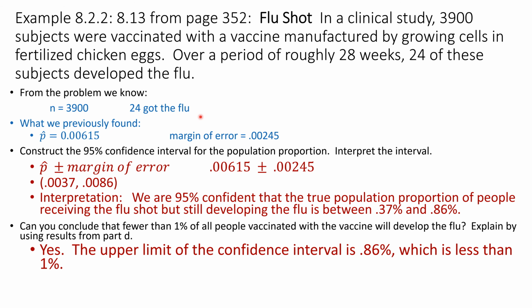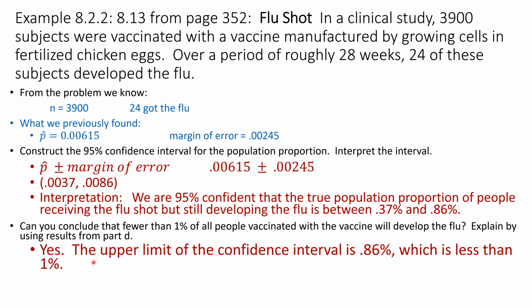From last slides, we have calculated the value of p-hat and the margin of error. Then it is straightforward to construct the 95% confidence interval. So we are 95% sure that the true population proportion of people receiving the flu shot but still developing the flu is between 0.37% and 0.86%.